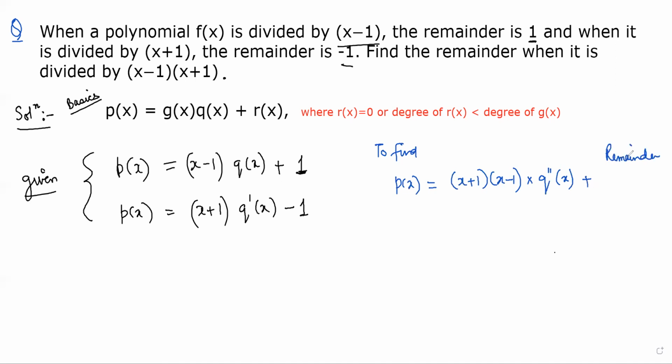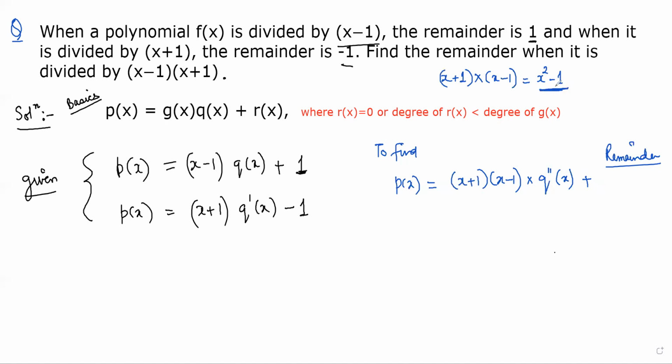Now, if you ask students this after saying all this, very hilarious things will come up, as we saw in class. Some might say the answer is 0 or some number. They forget: what does x plus 1 into x minus 1 mean? It means x square minus 1. What is the degree of this divisor?